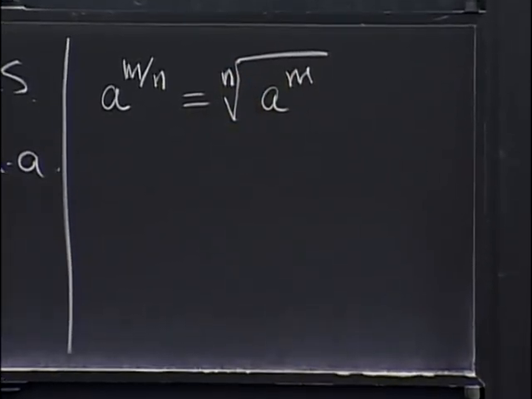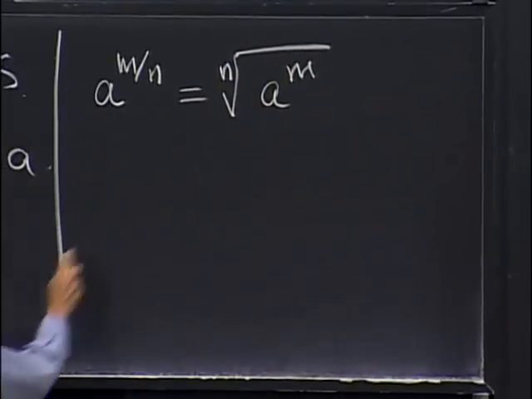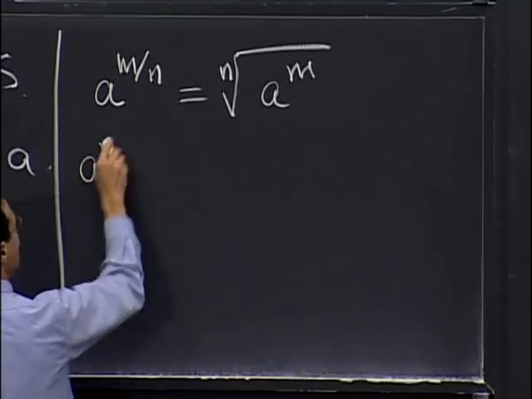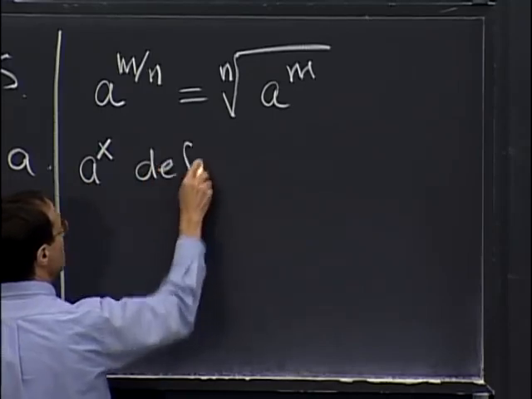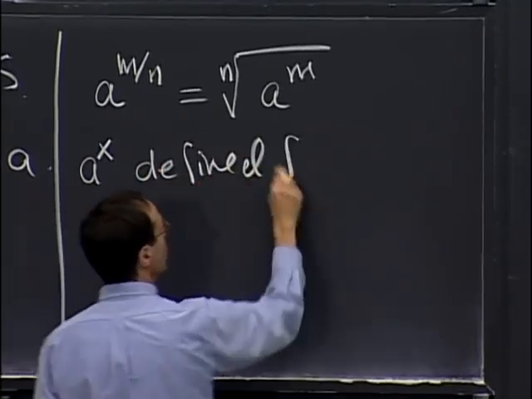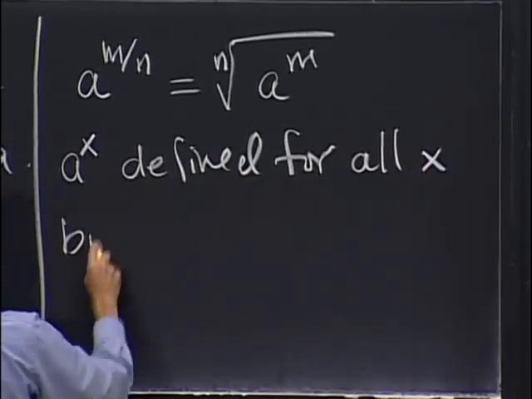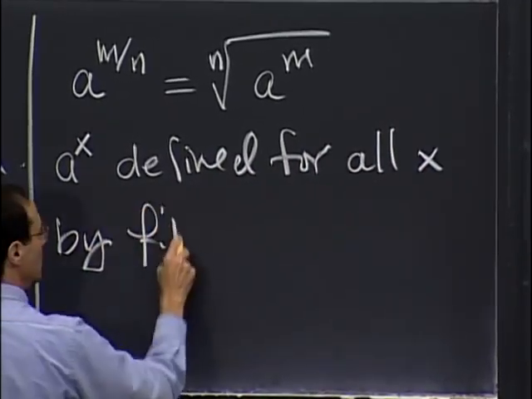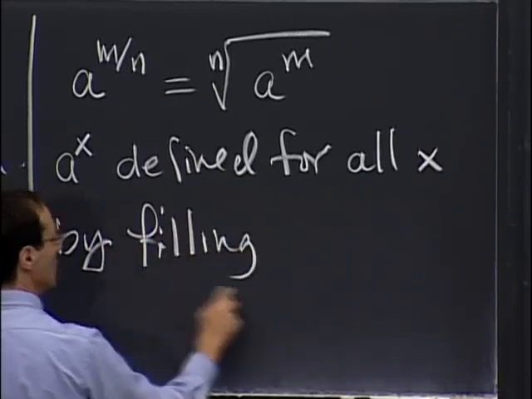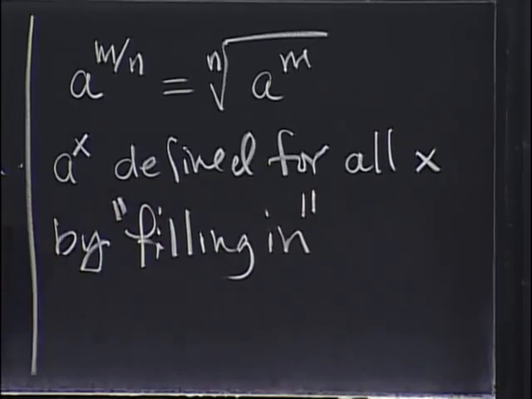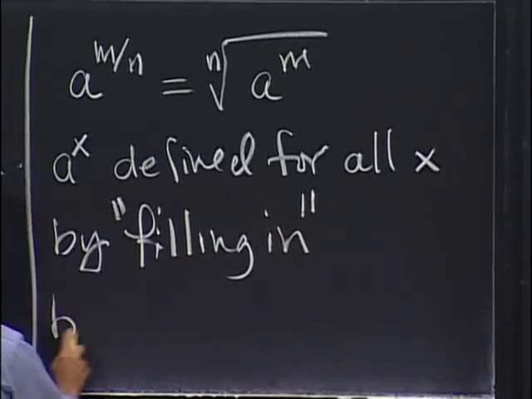So that's a definition. And then a to the x is defined for all x by, in quotation marks, filling in by continuity.